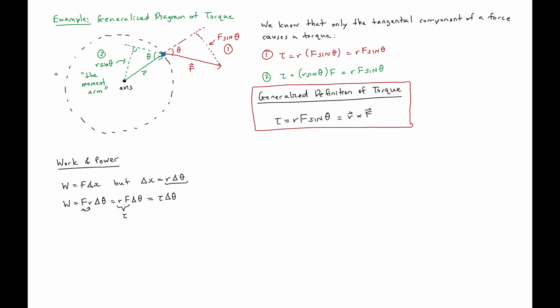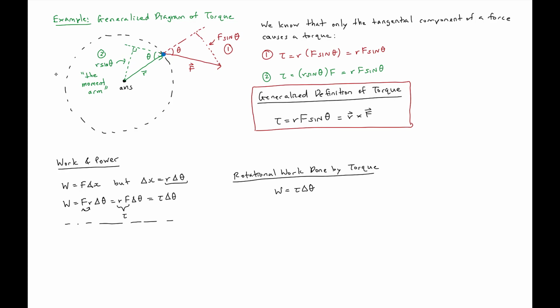So this means that the rotational work done by torque is going to be given by what we've just derived. So we can say here the rotational work done by torque is going to be W equals tau times delta theta. But there's also something else that we've covered before, and it's the work energy theorem.